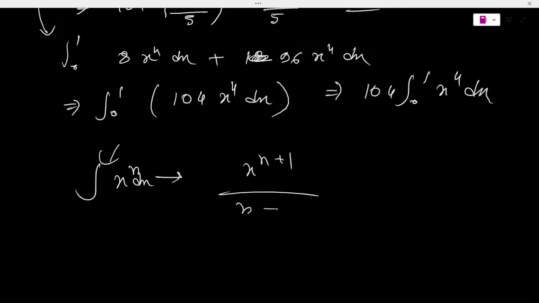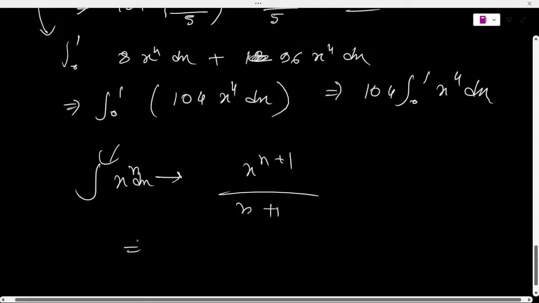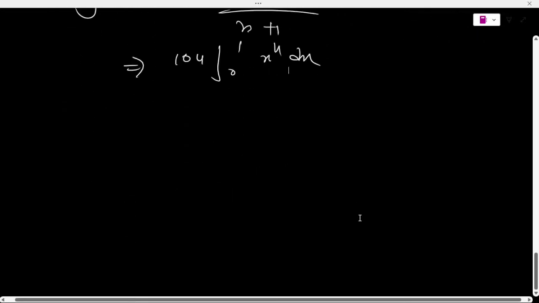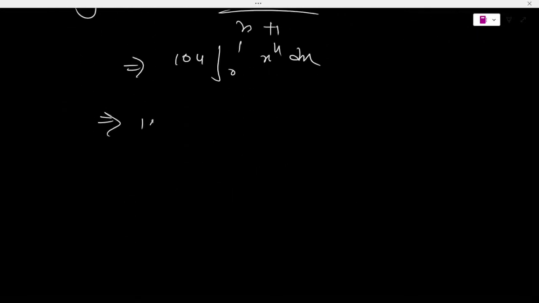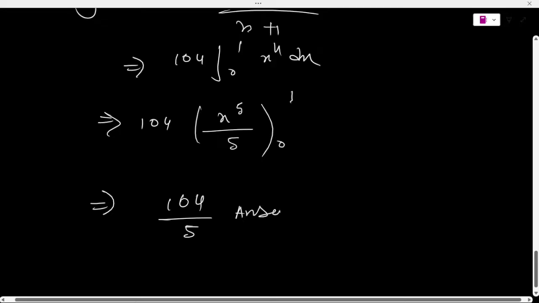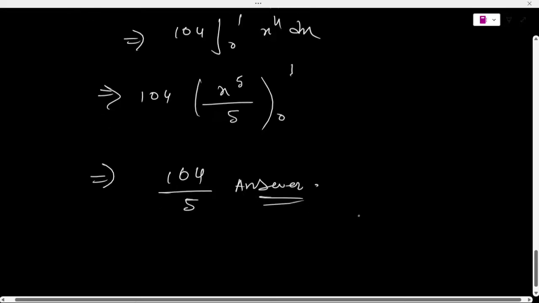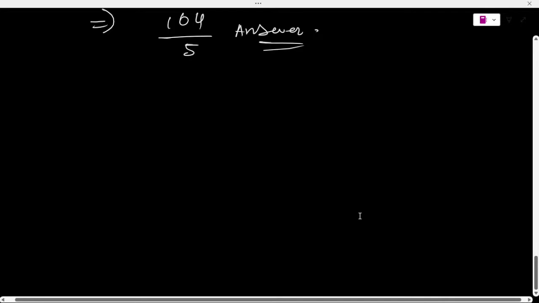The same formula is applied here, so 104 x⁵ divided by 5 from 0 to 1. So 104 divided by 5 will be the ultimate answer. Is it clear?